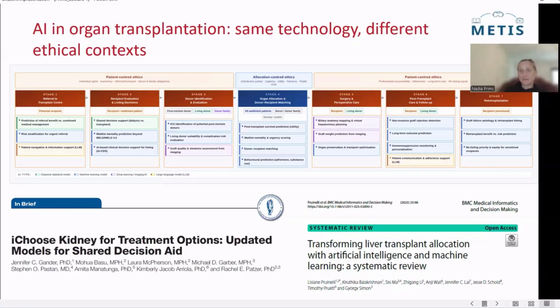So here, the transparency of the I Choose Kidney system may not be enough, even when it's available. For example, an explainability tool can tell you why a particular patient received a particular score. For example, that this patient was ranked third on the waiting list because of their age, their waiting time, or their predicted survival benefit.